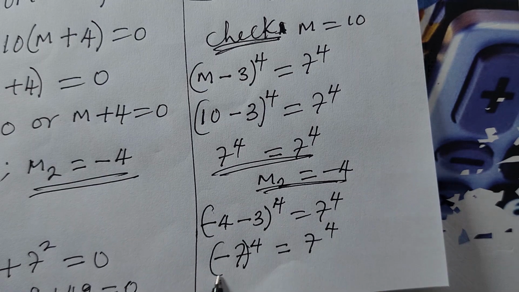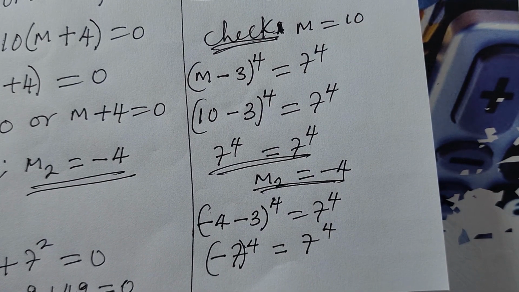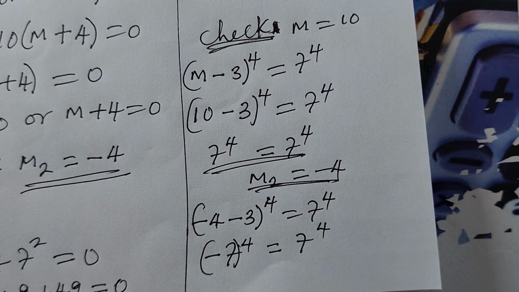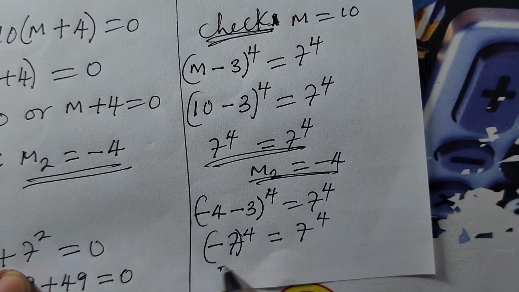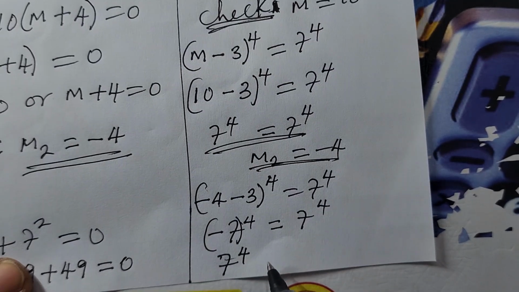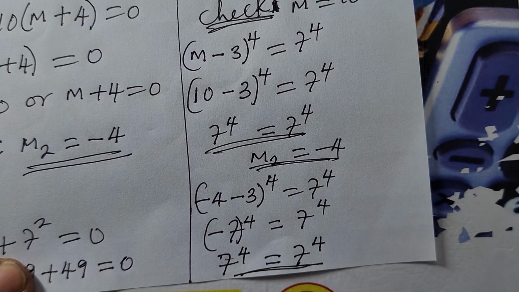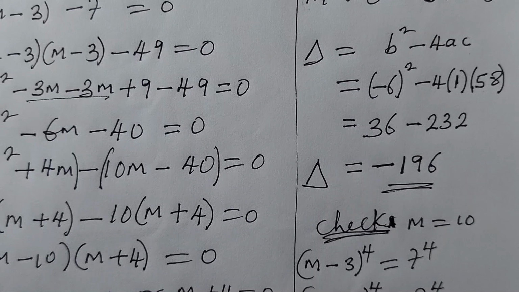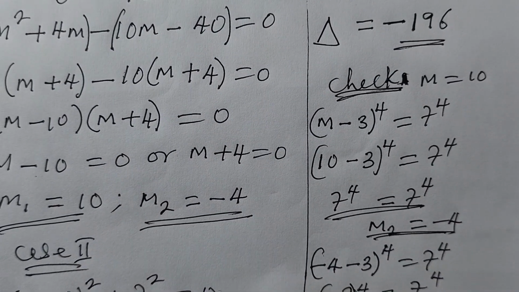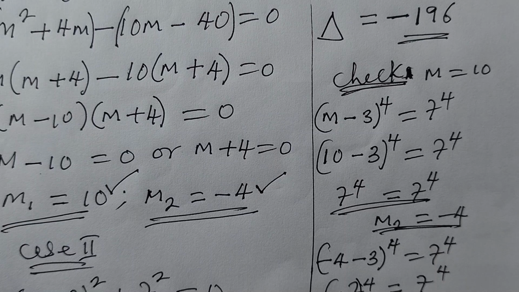It's the same thing as minus 1 to the power of 4 times 7 to the power of 4. Minus 1 to the power of 4 will give us positive 1. So this automatically gives us 7 to the power of 4 equal to 7 to the power of 4. This means that the second root also satisfies the original equation. So this satisfies the original equation and this satisfies the original equation.